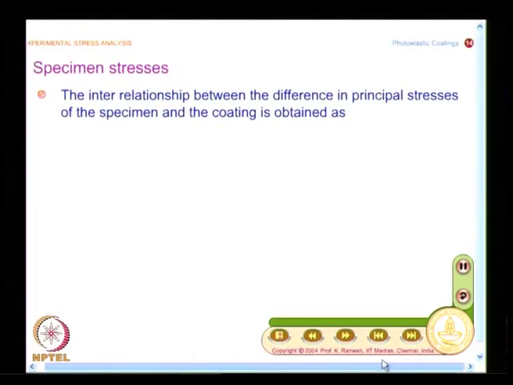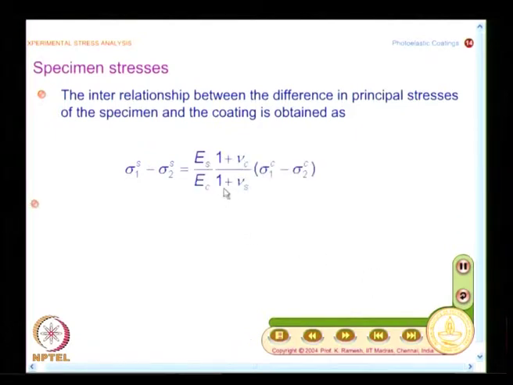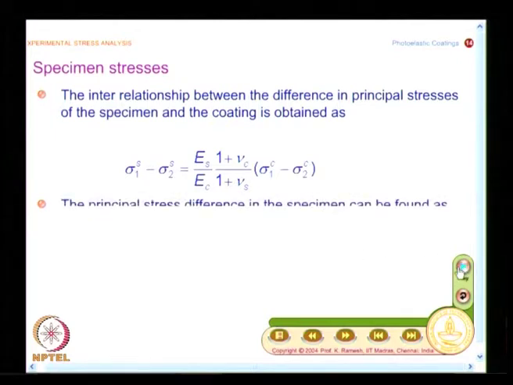So, the specimen stresses are expressed as follows. You have the Young's modulus of the specimen divided by the Young's modulus of the coating, multiplied by 1 plus nu c divided by 1 plus nu s, into sigma 1 c minus sigma 2 c.